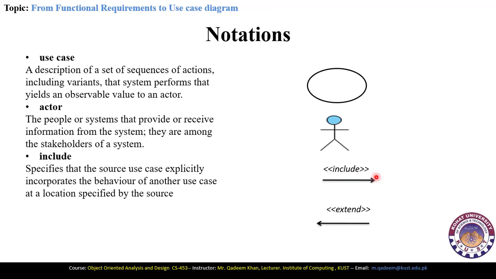It means that when one use case uses or utilizes another use case, then we provide the include relation, showing that this use case is included in another use case.